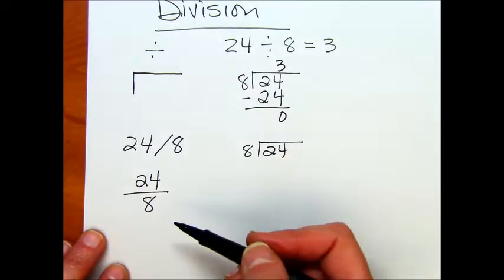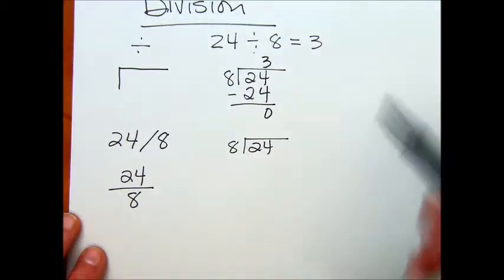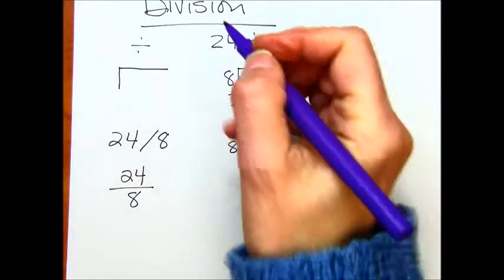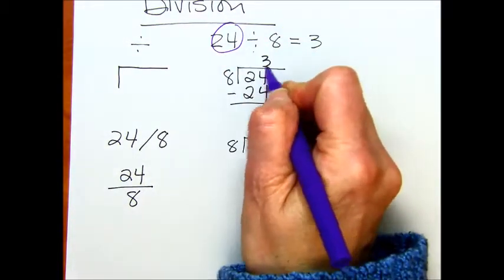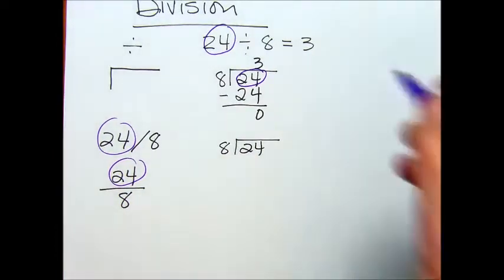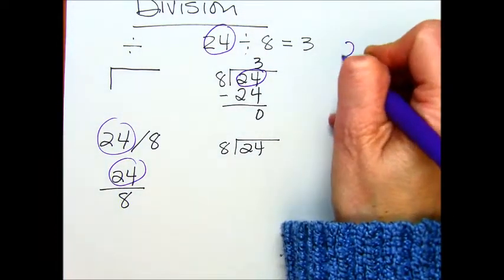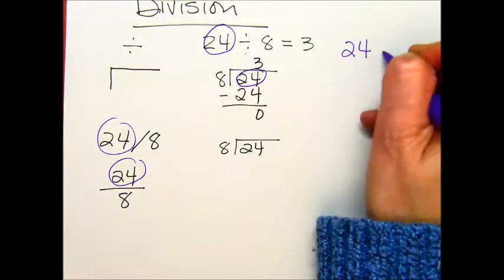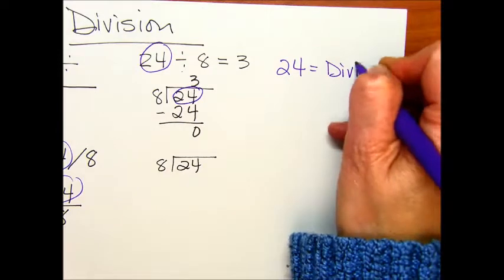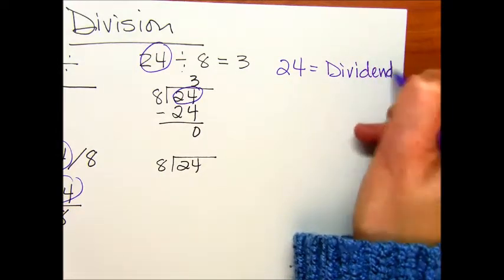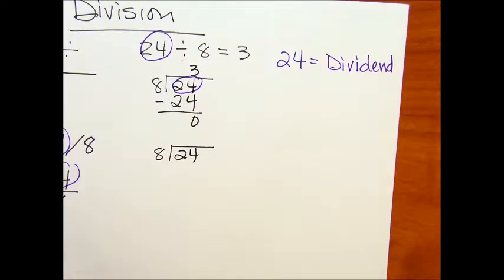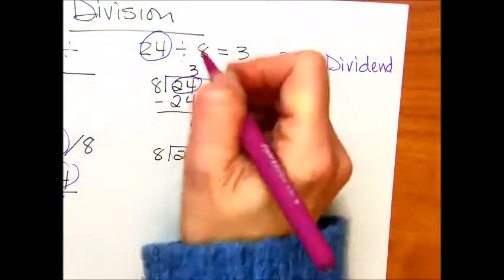Now let's talk about the vocab. Okay, so this first number, this 24, and I'll circle the 24 in all of the cases, is called the dividend. So 24 is the dividend. The next one, let's use pink.